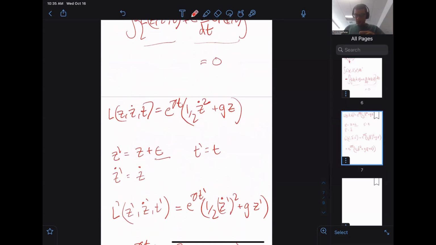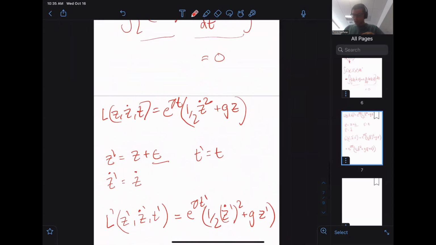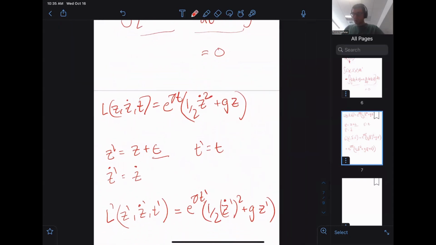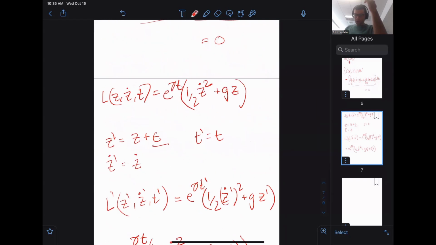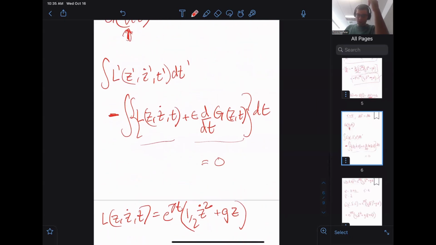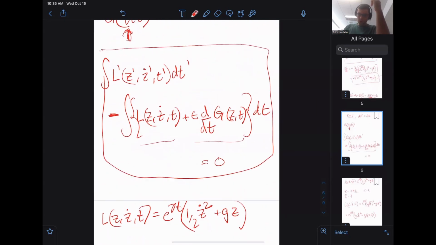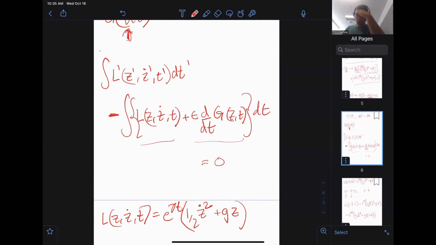Okay, now we have to use this big equation here involving the two integrals.